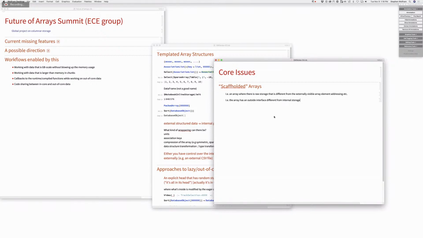But implementationally, we want a single interface to all of this. So we define what a scaffolded array is, and it supports certain operations. Right, and we have that with structured array.